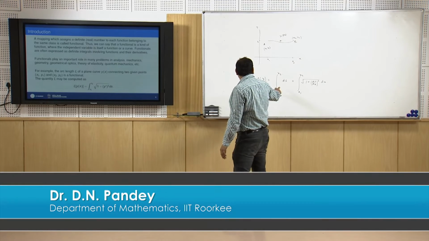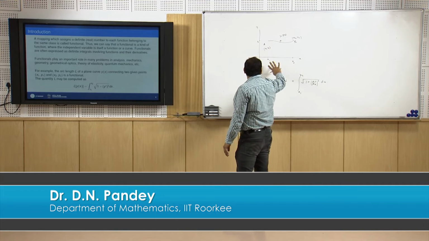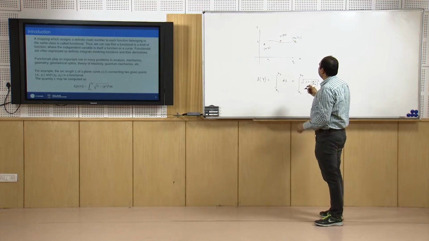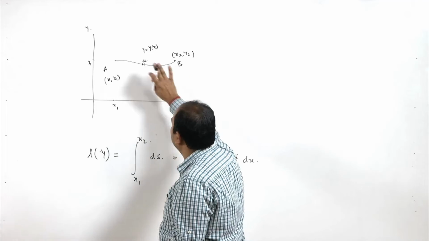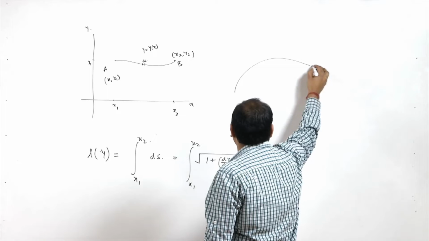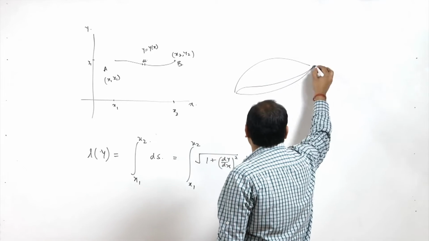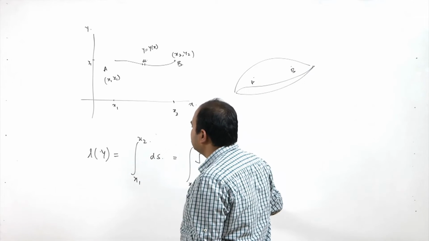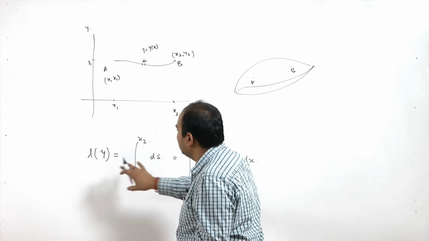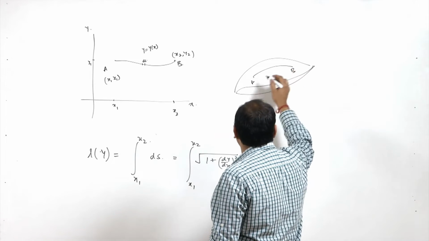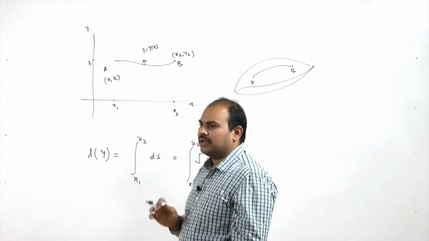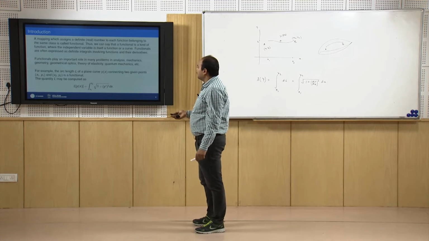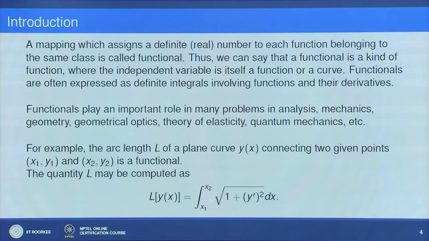Now, in place of A and B lying in a plane, if they lie on some kind of a surface, then not only do we have to consider the length of y, but also put a restriction that these two points A and B lie on a given surface. The length of a curve connecting two points is termed a functional here.